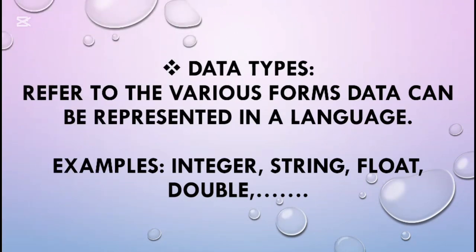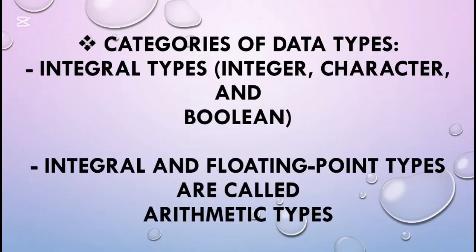Data type refers to the various forms data can be represented in the language. It is either represented in an integer form, a string form, a float form, or a double. Categories of data type: we have the integral types, and the integral and floating points are called arithmetic types collectively.